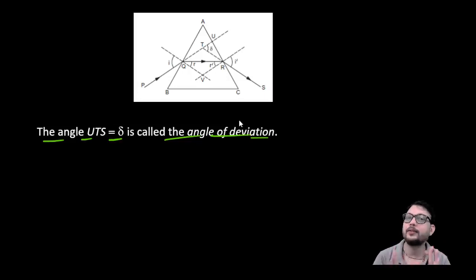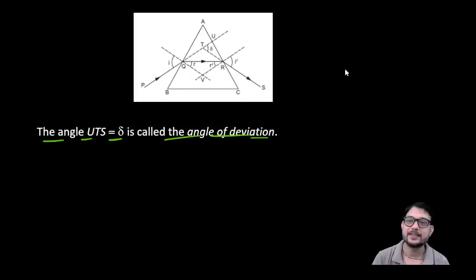That is due to the configuration of the prism. Now, what is the result of two interfaces? The result is that the emergent ray will be deviated by a certain angle. This is the unique feature of the prism.